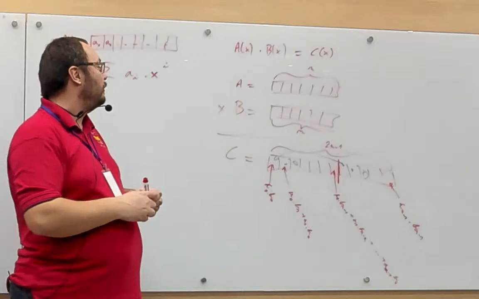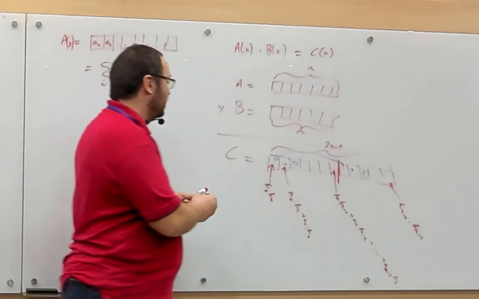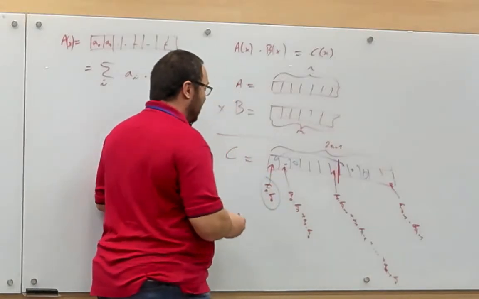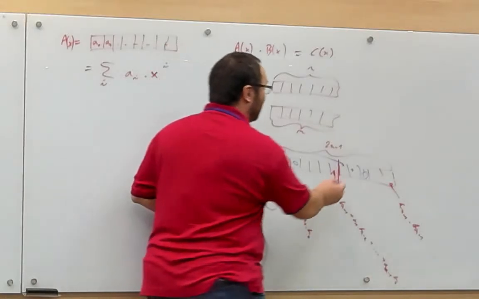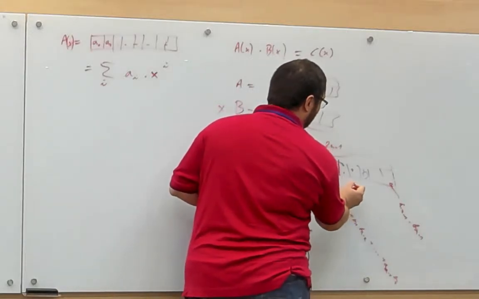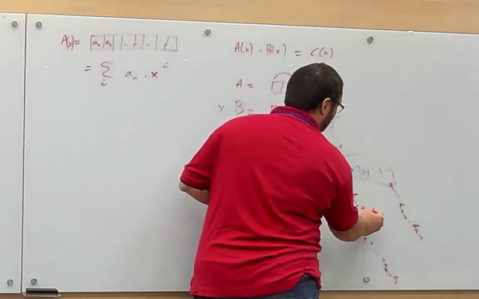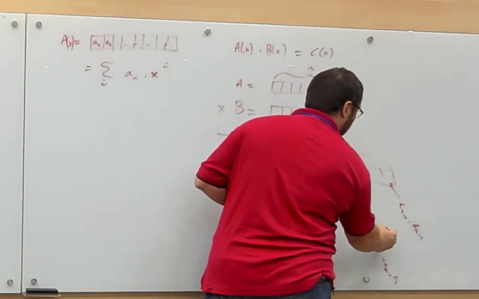In other words, if we are using the indices into array C in a cyclic fashion, what do you get? This one would be A0, B0, and this cell we are adding here will now be A1 times B n minus 1, A2 times B n minus 2, and so on.